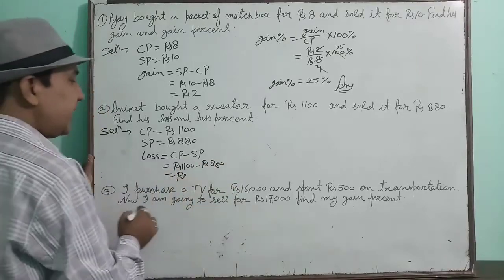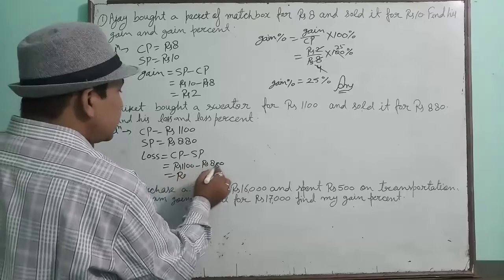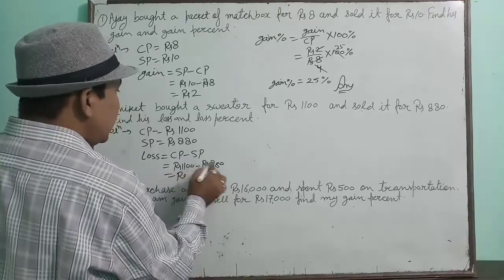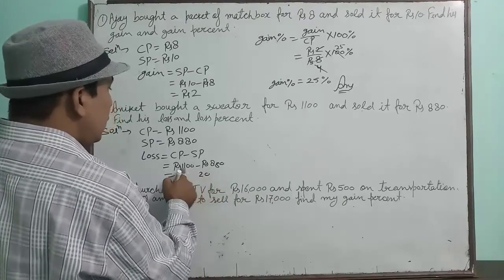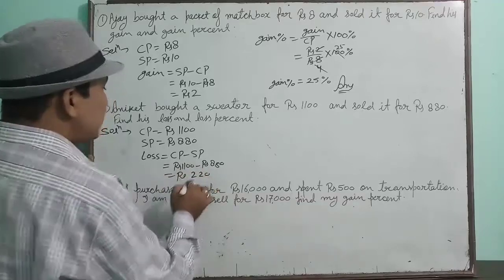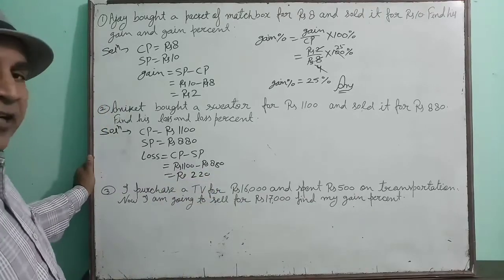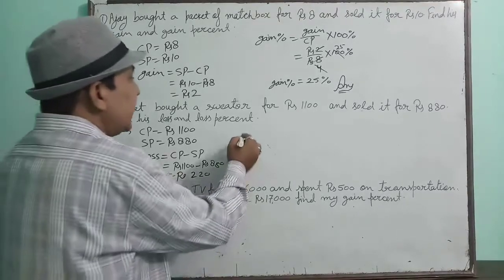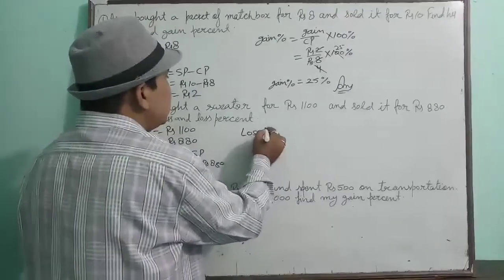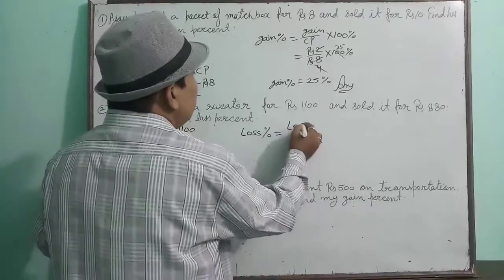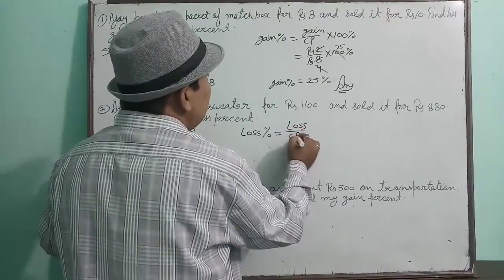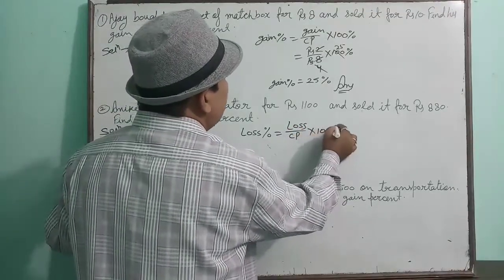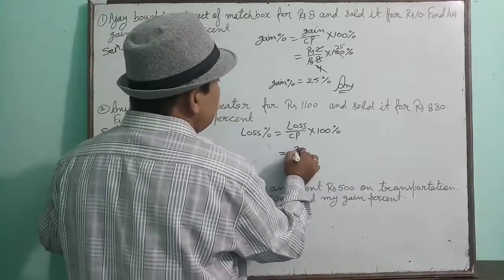By subtracting it, we will get 0 minus 0 is 0, 10 minus 8 is 2, and 10 minus 8 is 2, rupees 220. If 220 rupees is the loss, then what will be the loss percent, children? Loss percent is equal to loss upon CP into 100%.